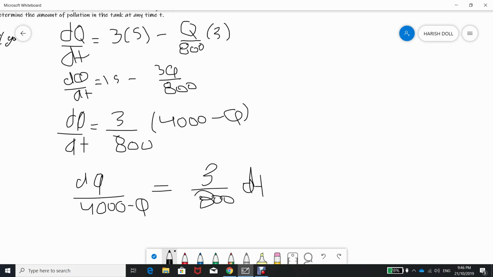Now we don't have any of the dependent variables in the dt side or the independent variables in the dq side, so we can just find the integral of this.